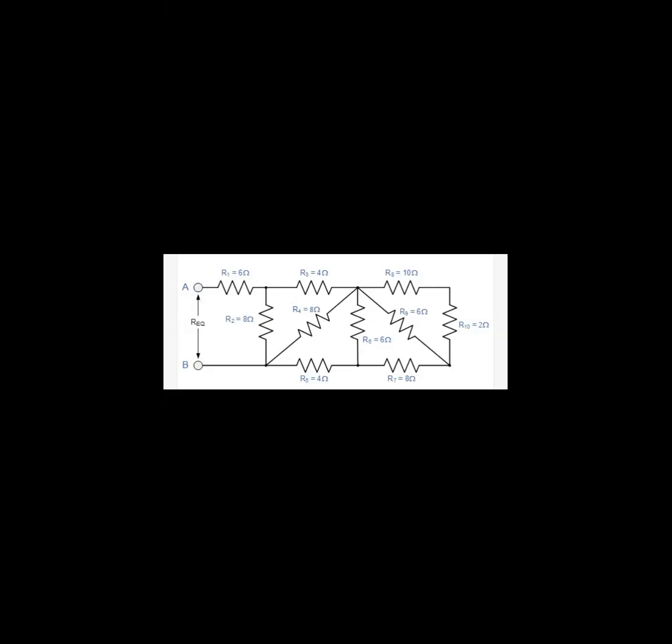Then it becomes a single resistor, in series and parallel to R7 and R6. Then you get a single resistor too. And you're supposed to do the same thing till you get to R1. You get two resistors till you get to R1 and you get the equivalent resistance.